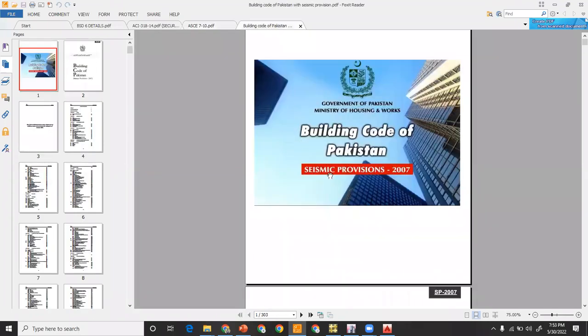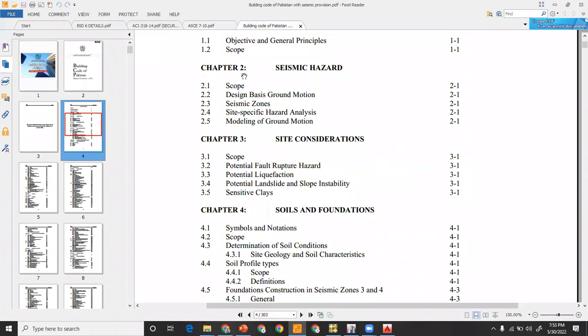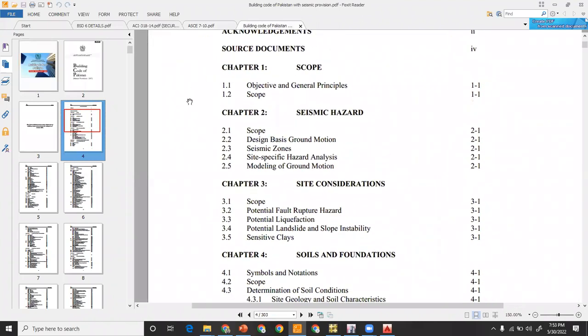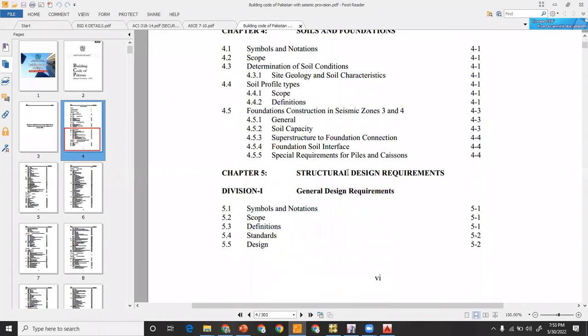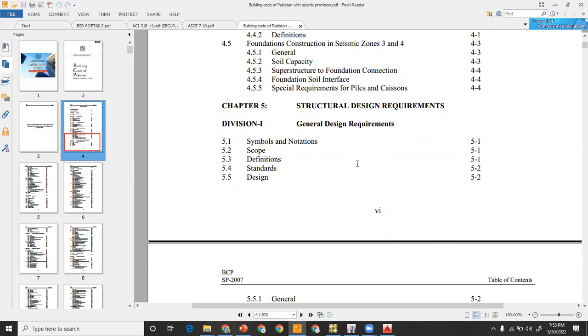The next is the Building Code of Pakistan, which we will mainly use in this course, and I think most of you will be familiar with this code. The first is the scope, the second chapter is the seismic hazard, site considerations, soil formation, and this chapter is very important. We are mainly concerned with this chapter, which is the structural design requirements.